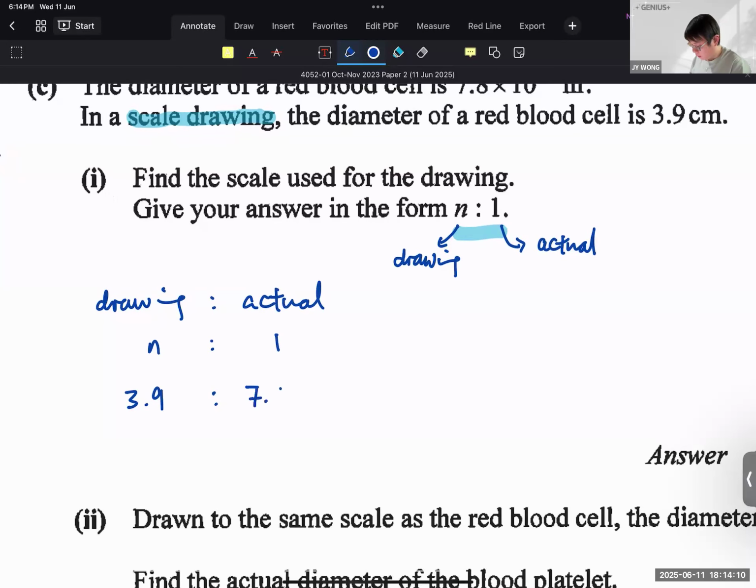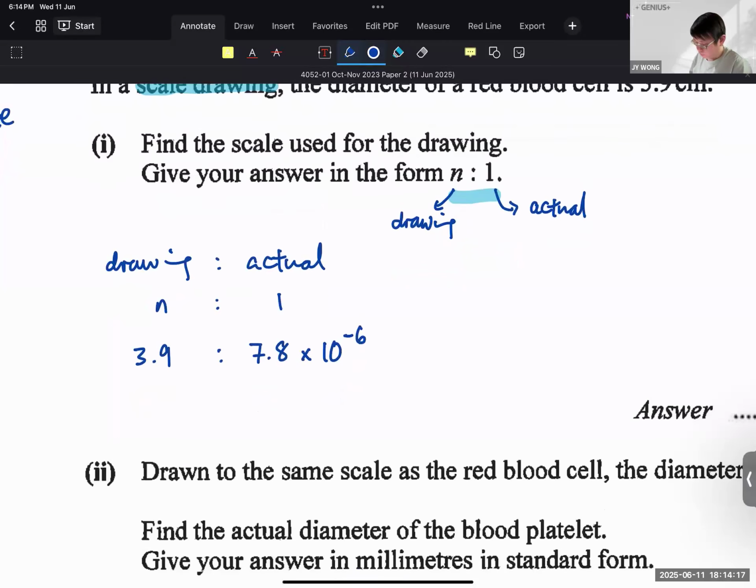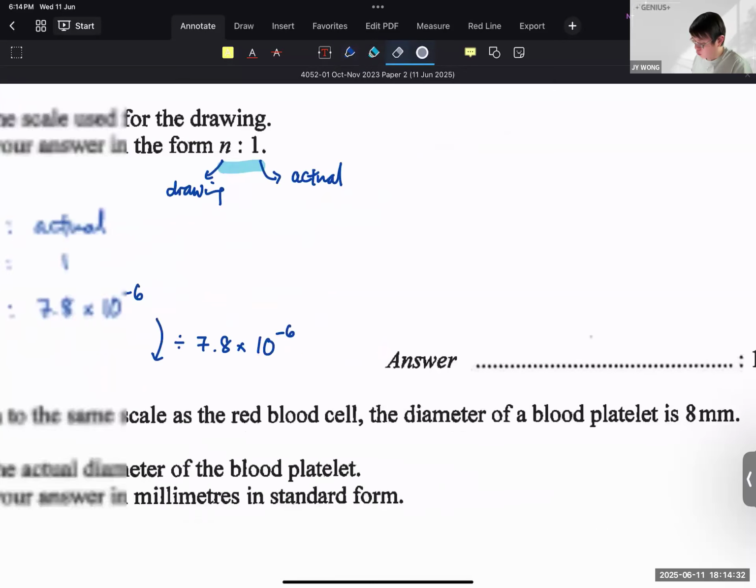It is 7.8 times 10 to the power of -6. Therefore, how do you find n? Here, obviously, you have to divide by 7.8 times 10 to the power of -6, right? So you will take this and you will divide by the same thing. Okay? So that is how you should do the question.